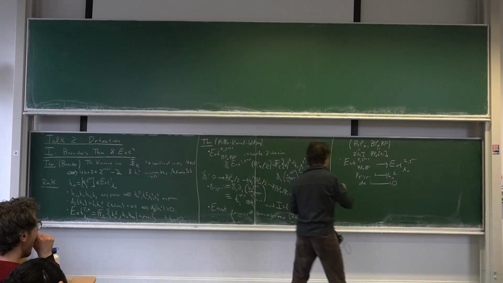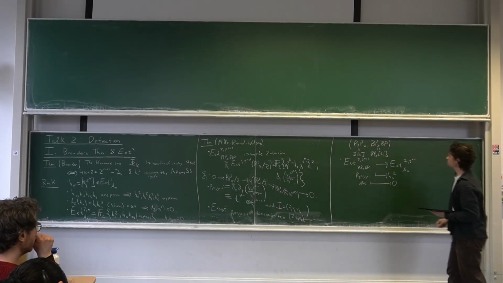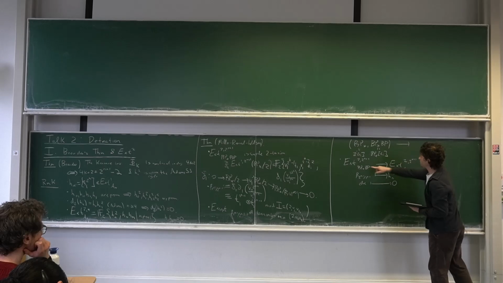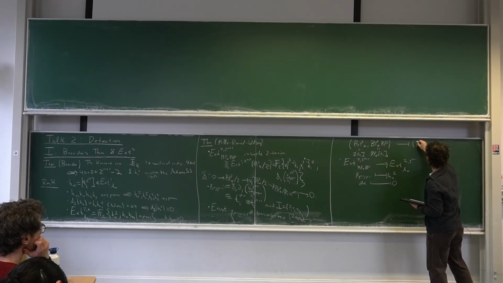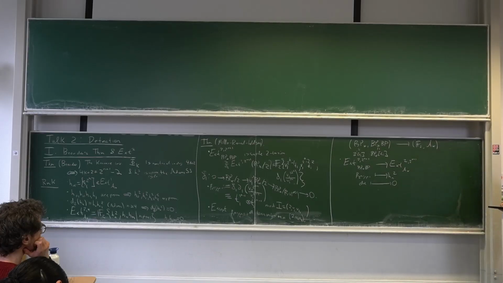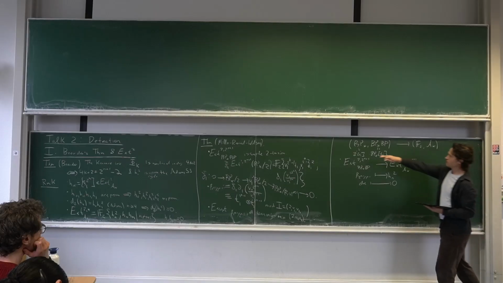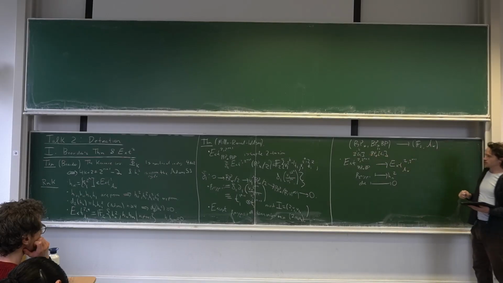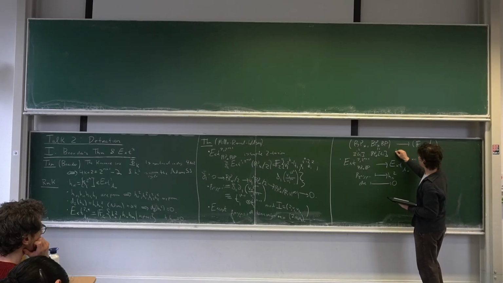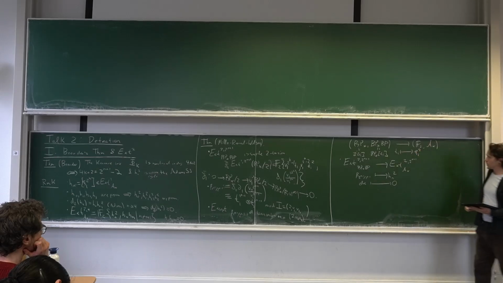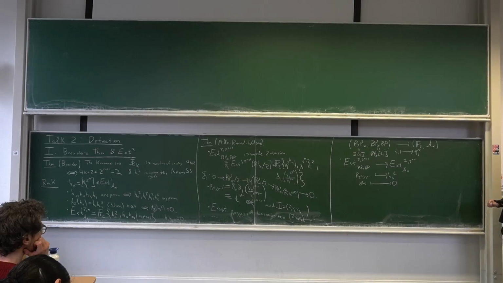Okay, so let me first explain the second claim. Well, this map here is induced by this map of Hopf algebroids, which in the left coordinate is just the quotient by I, and in the right coordinate is the one that sends the TI classes to the square of the XI Milnor generators.